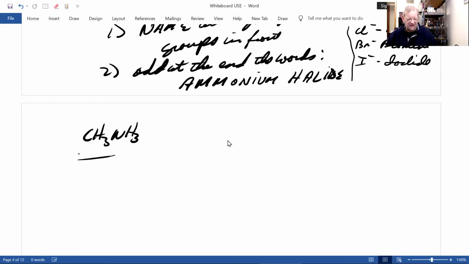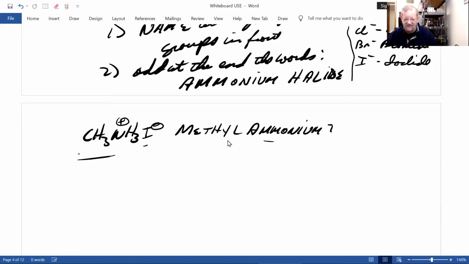And what would you name that? That would be methyl. Oops. Gotta finish it. Methyl, and then it's an amine salt, so I add ammonium. The halide is iodide.